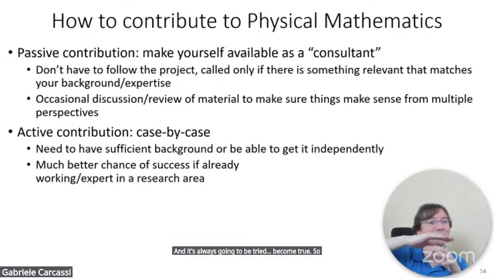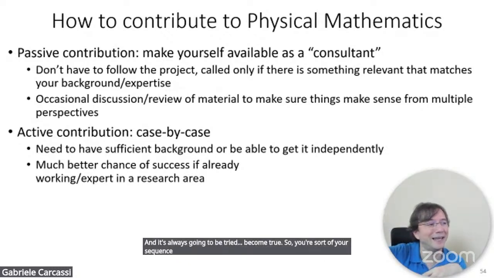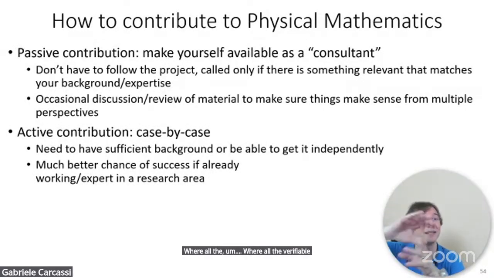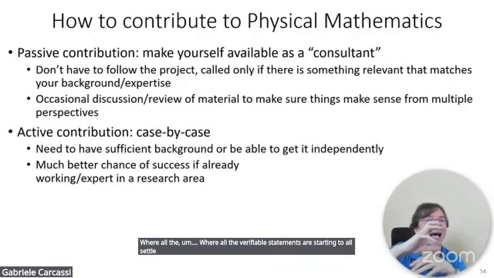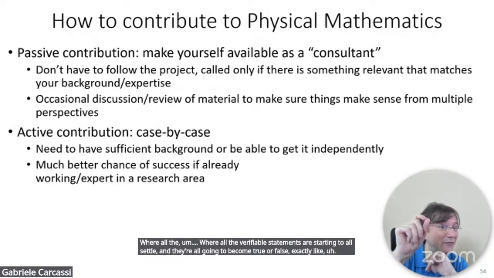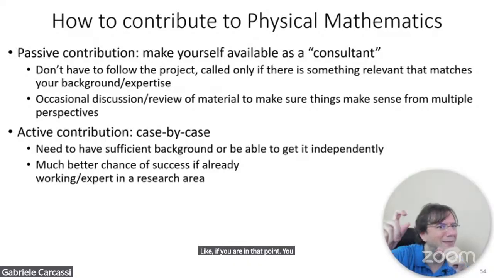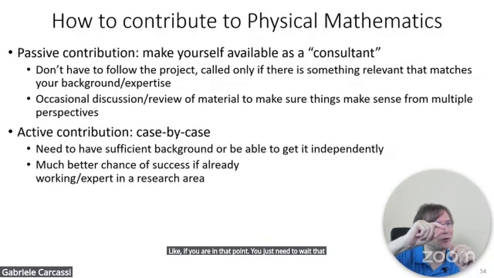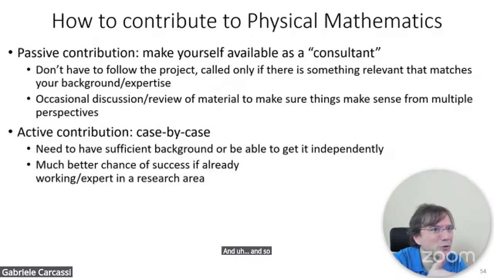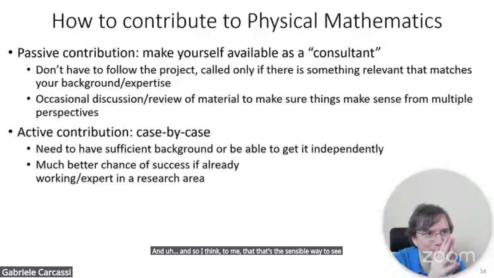So your sequence of points gets to the point where all the verifiable statements are starting to settle, and they're all going to become true or false, exactly like if you are in that point. You just need to wait for the sequence to go in, and so to me, that's the sensible way to look at convergence.